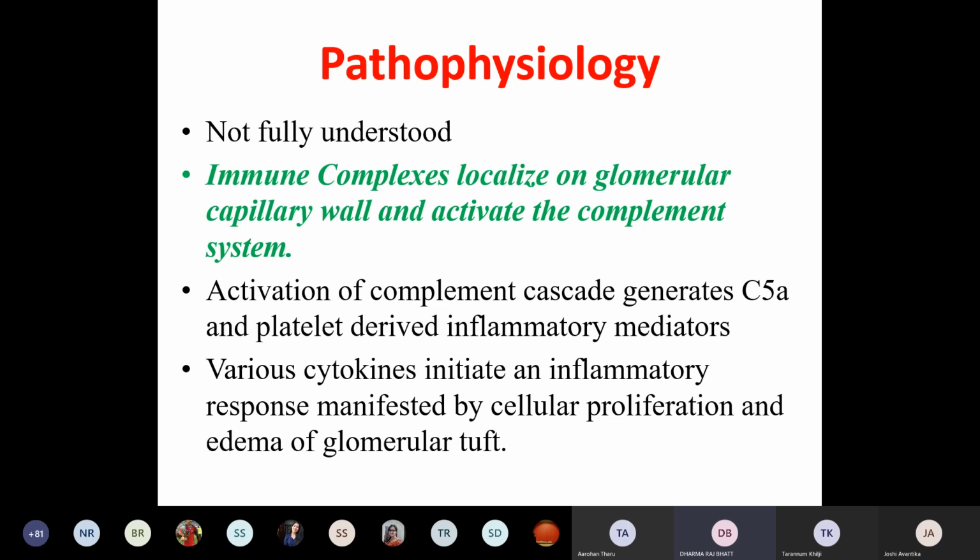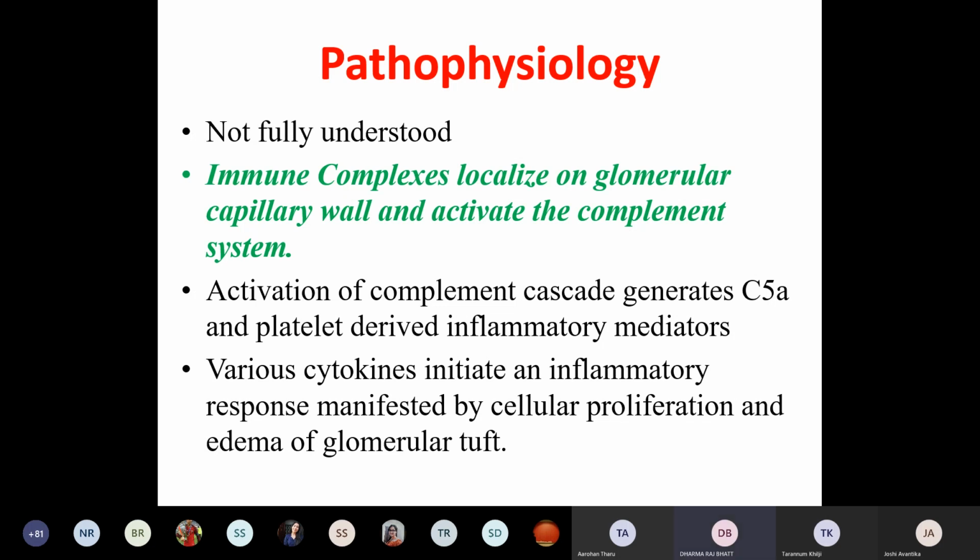It does not colonize the glomerular membrane or the heart tissues. So it is not directly because of attachment, multiplication and damage caused by streptococci, but rather an immune complex mediated disease.